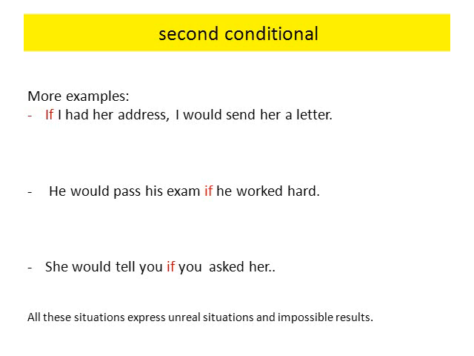He doesn't work hard, so he's not going to pass his exam. She would tell you if you asked her. You don't ask her, so she's not going to tell you. All these situations express unreal situations and impossible results.